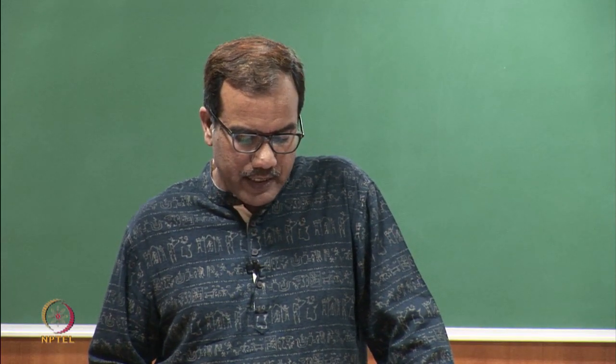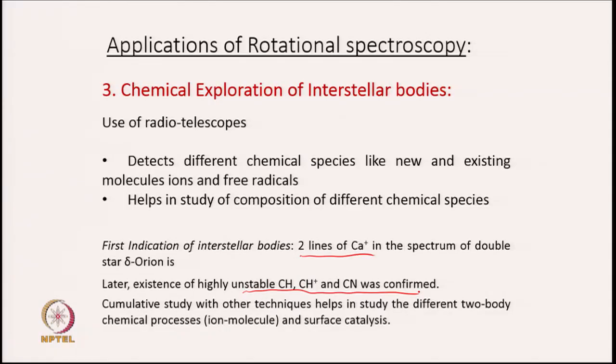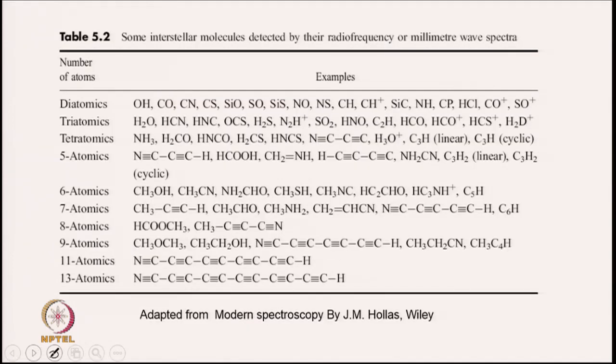So, cumulative studies with other techniques were also used to find out different chemical processes in interstellar bodies. This is the different kind of molecules which have been detected by radio frequency or rotational spectroscopy.